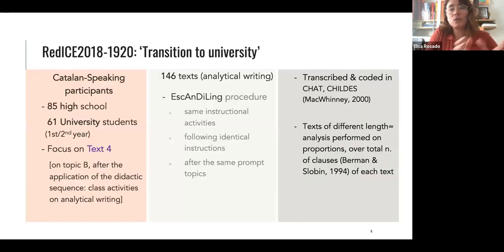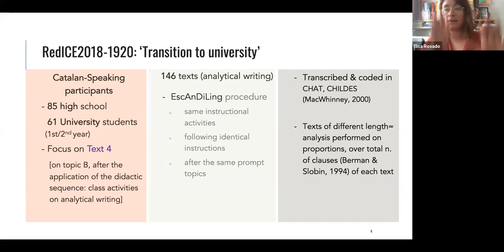Let's move on. For this specific project, we analyzed one of the texts, the one they produced in the middle of the sequence, when they have worked specifically on a given topic. That was the last they wrote, what we call text 4, on a specific topic.